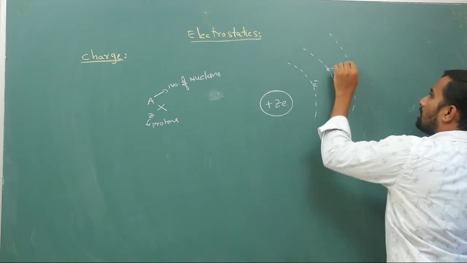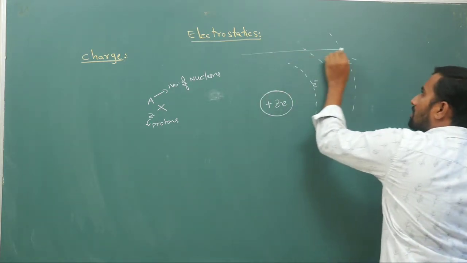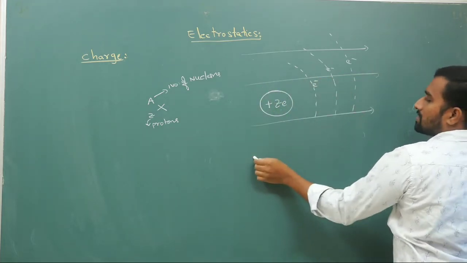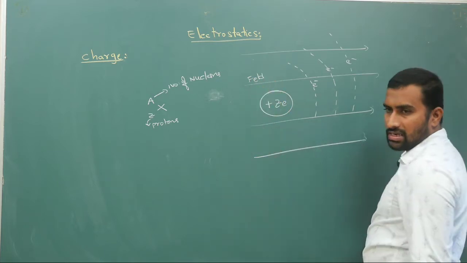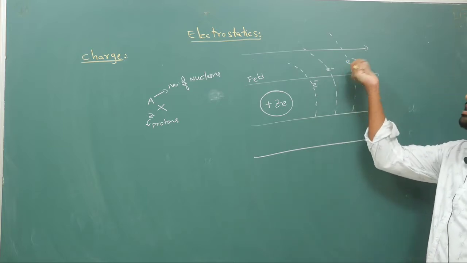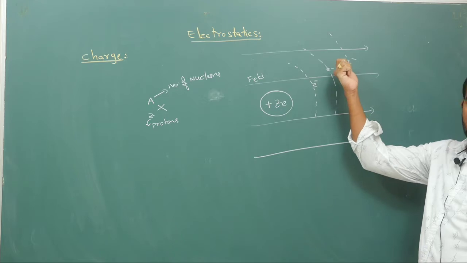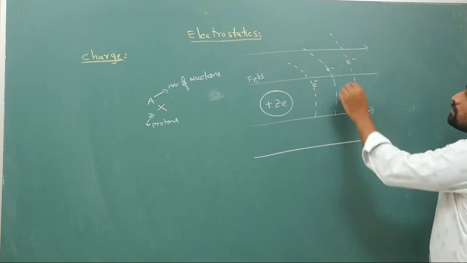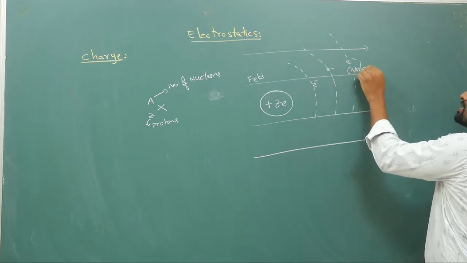Now when you subject it to some electric field or magnetic field, or sometimes you give heat energy, it is called thermionic emission. You simply give heat energy to this electron and it comes out of the orbit. These outermost electrons are called valence electrons.